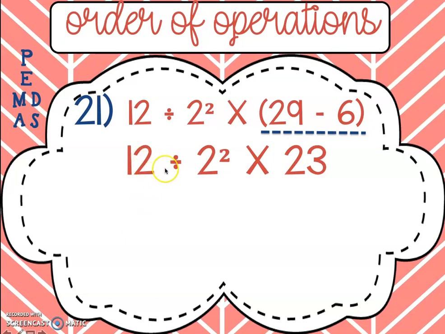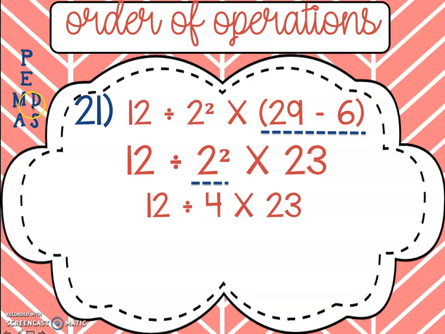So we have 12 divided by 2 squared times 23. We've done our parentheses. The next step is our exponents, and we have 2 squared. 2 squared, if we expanded it out, would be 2 times 2, so we're going to replace that with a 4. Now we have 12 divided by 4 times 23. We did our parentheses and our exponents.